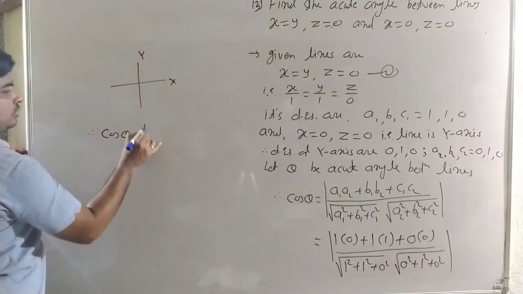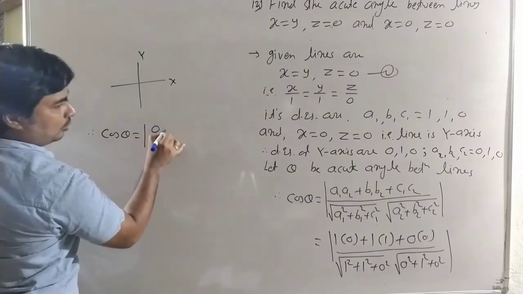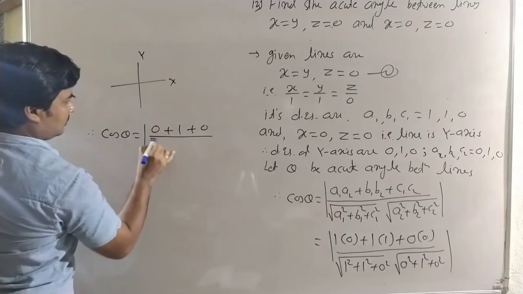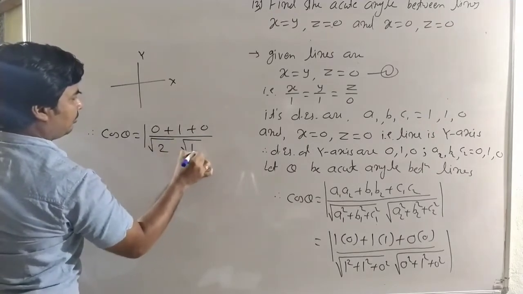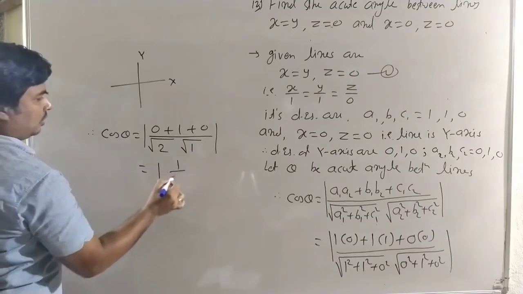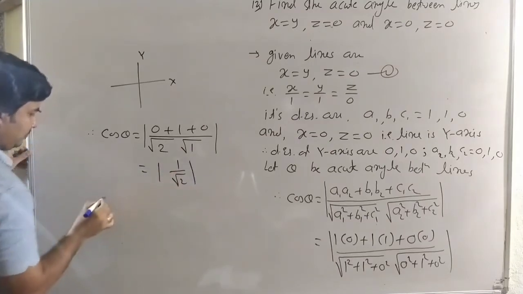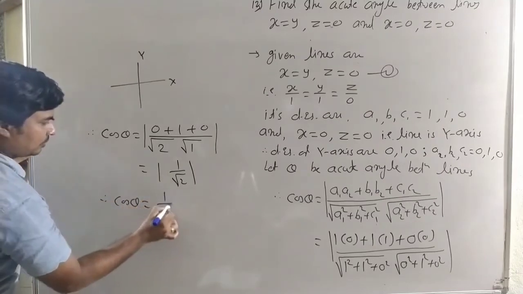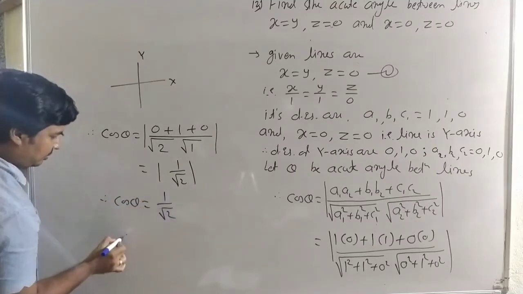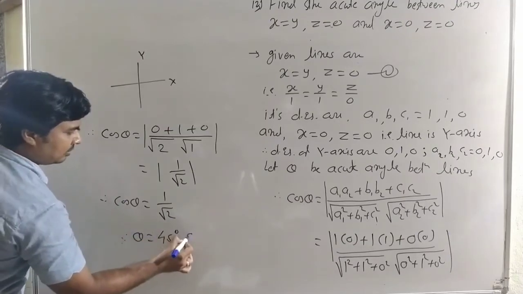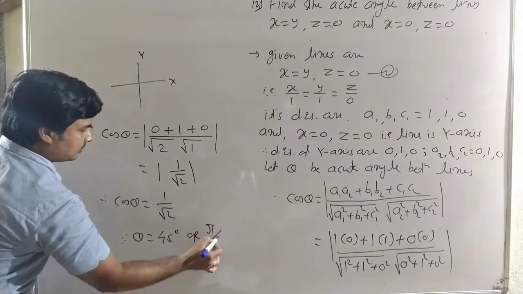Therefore cos theta is equal to 0 plus 1 plus 0 upon under root of 2 into under root of 1, and therefore it is 1 by under root 2. Cos theta is equal to 1 by under root 2, and therefore theta is equal to 45 degree, or pi by 4.